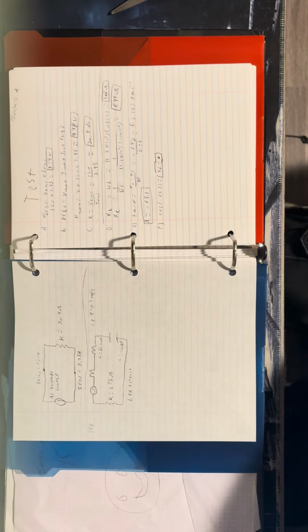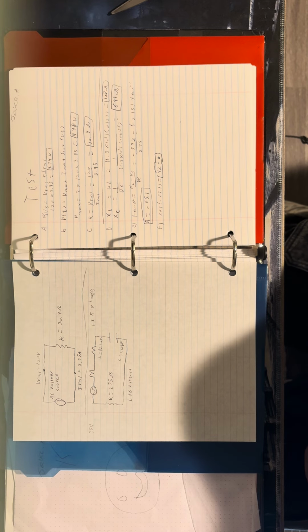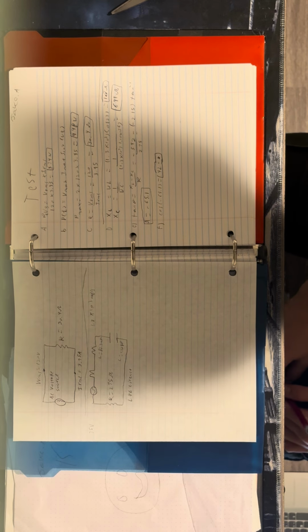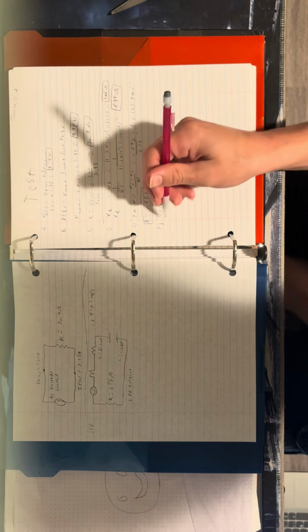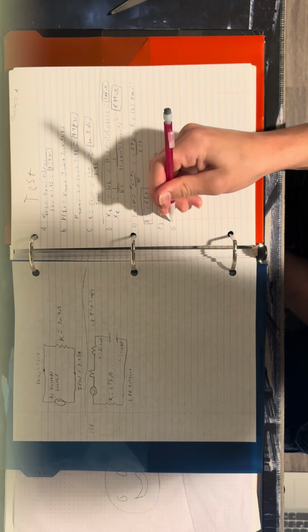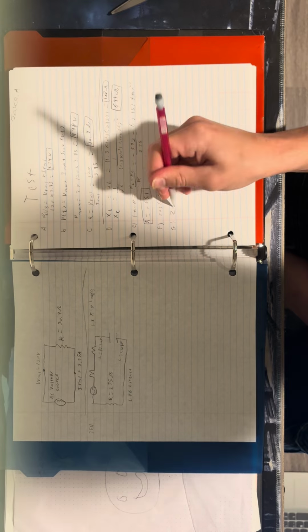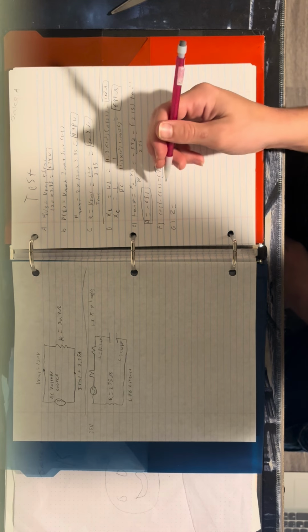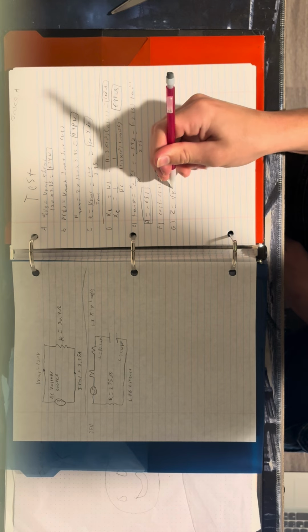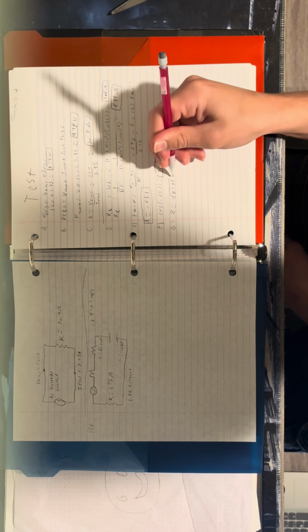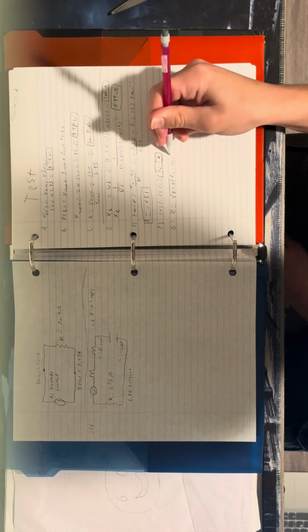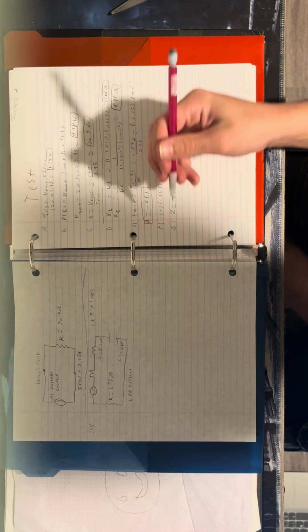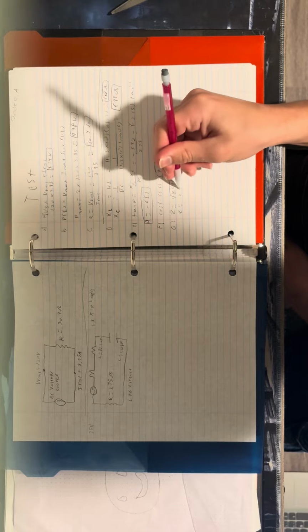Moving on to G. Find the impedance of the circuit in the preceding problem. Okay, for the LCR circuit, the impedance is going to be Z equals the square root of resistance squared plus the inductive reactance minus the capacitive reactance squared, which we can just plug our numbers right in.